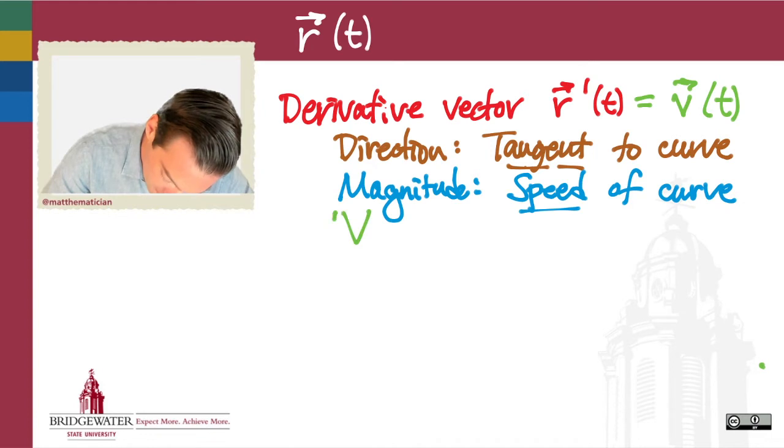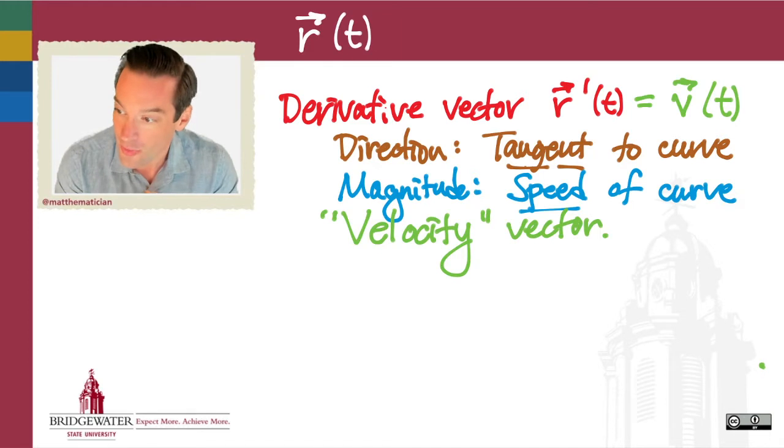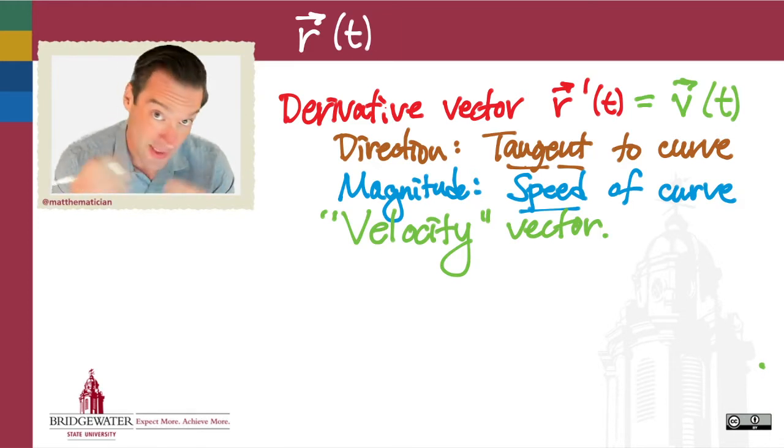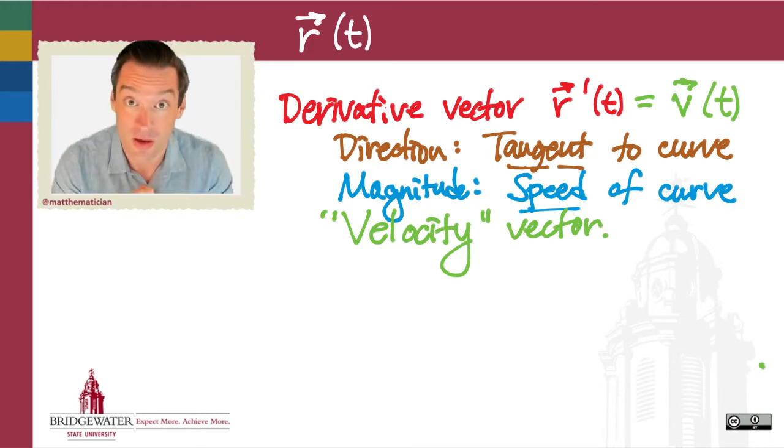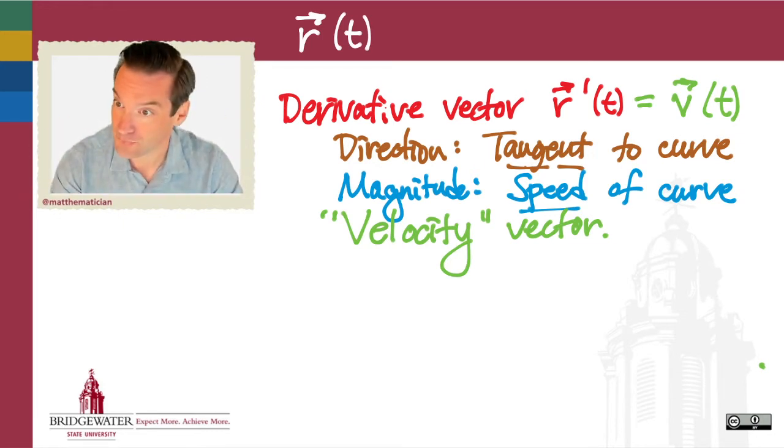So I'll put that terminology here. Anytime we see v of t, we think of it as the derivative r prime, the velocity vector. That is a lot of information that we can get out of just the first derivative of a vector-valued function. The magnitude tells me the speed, and the direction tells me the tangent. Taken together, they tell me the velocity vector of the parameterized curve.